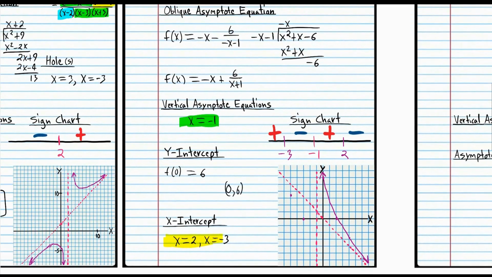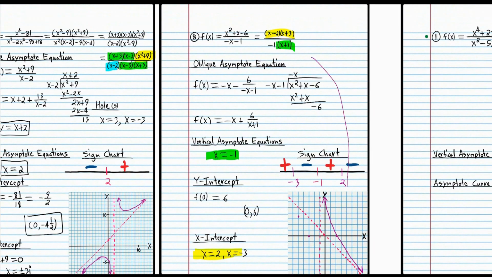Now let's try plugging in -1. So we have -3 times 2. Actually, sorry, I meant to plug in -2. -1 is where the asymptote is. So we get -4 times 1 over 1.